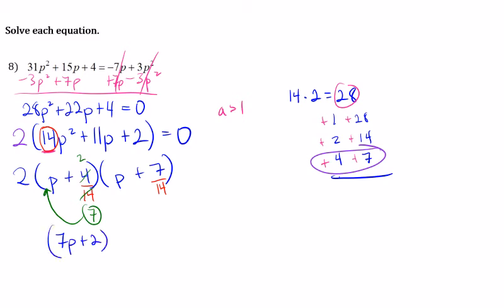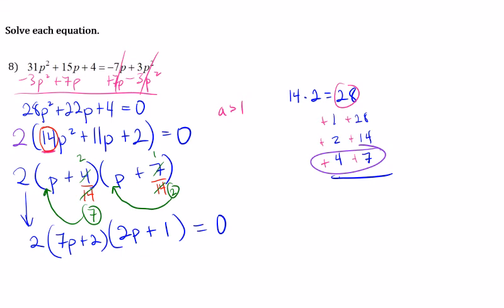I'm just going to bring down this GCF here as well, even though, once again, that's not going to really play into the answer. And then over here, 7 over 14 reduces to 1 over 2. So I'm going to bring that 2 to the front. The numerator is going to stay. So it's going to be 2p plus 1. Set it equal to 0.